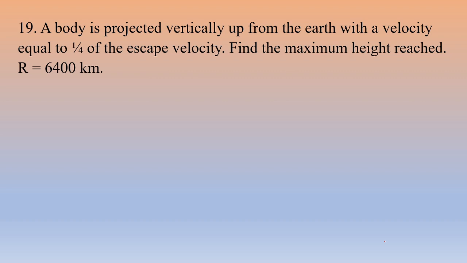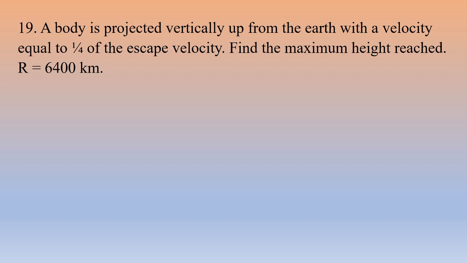So we have an expression for the height reached by the body when it is projected with a velocity comparable with the escape velocity. Comparable means it is not projected with the escape velocity, but with a velocity in the range of the escape velocity.